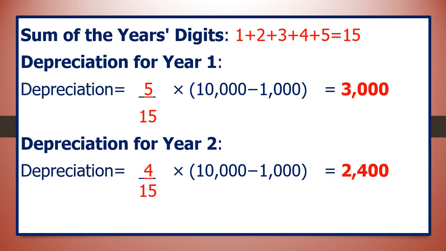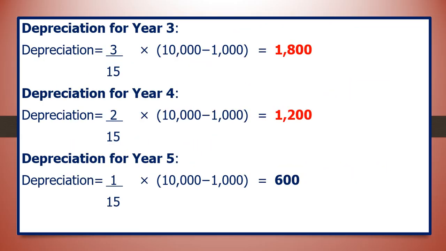Then at the end of year 2, it is 2,400. Then at the end of year 3, it is 1,800. At the end of year 4, it is 1,200. At the end of year 5, it is 600. The total accumulated depreciation is 9,000.